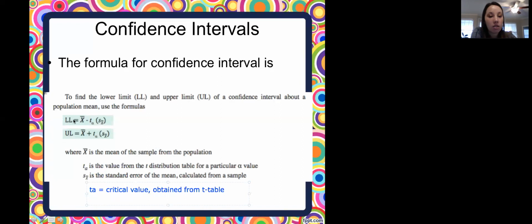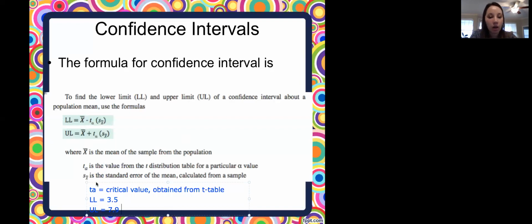So you put this into the formula for the lower limit. You're subtracting these things from one another. With the upper limit, you're adding these things to each other. And you write it like this. So say that we had a lower limit of 3.5 and an upper limit of 7.9.